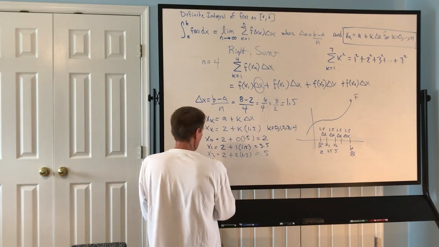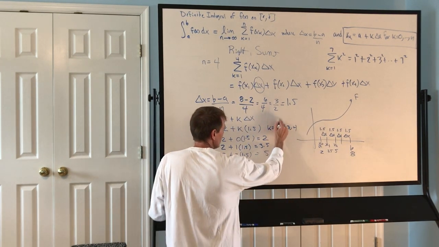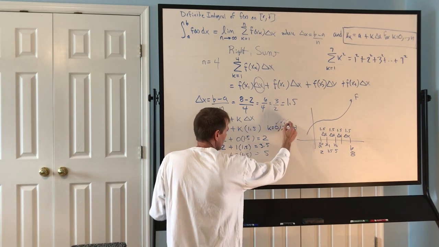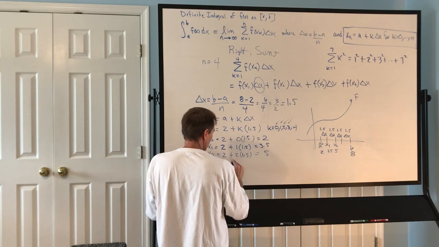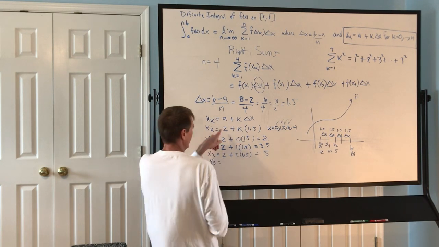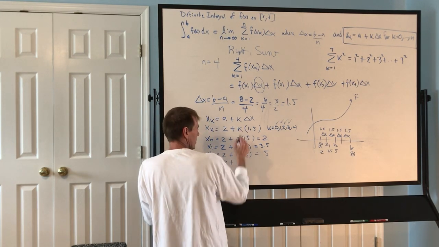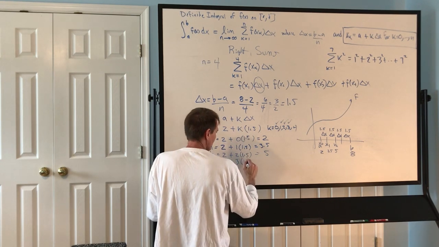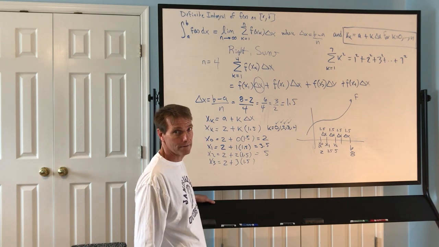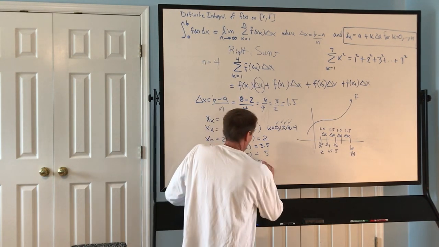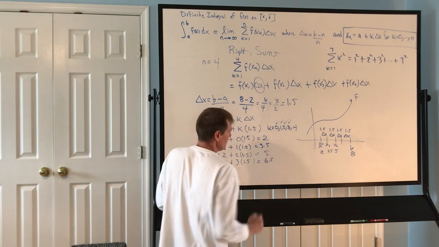My x3, remember, I'm taking care of that guy, that guy, that guy. Now I'm getting ready to take care of this guy, would be equal to 3. Let's use the formula. 2 plus 3 times 1.5. 3 times 1.5, you do the math. 4.5 plus 2 is 6.5.